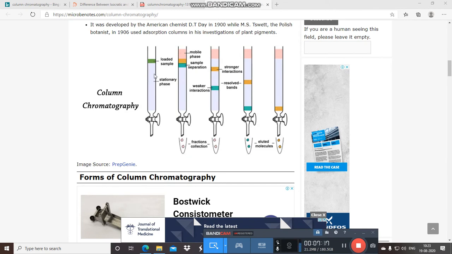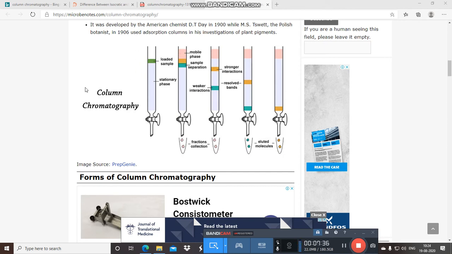So first of all you pack the column, then you load your sample. If you want, you can also add a sand layer beneath the sample, and above the sample you add your mobile phase. For the preparation of the sample, again there are two methods: wet sample packing or dry sample packing.